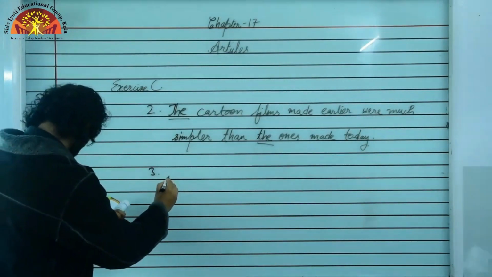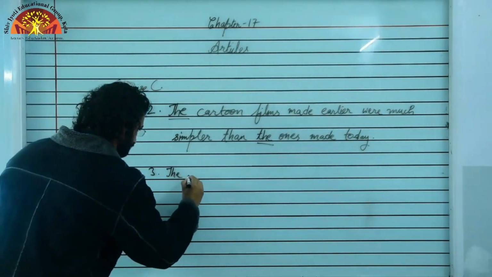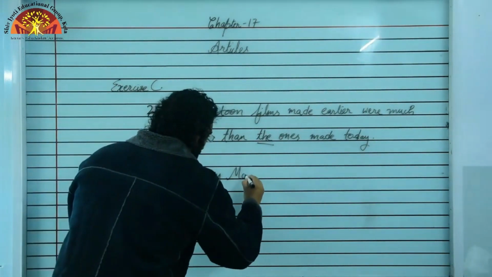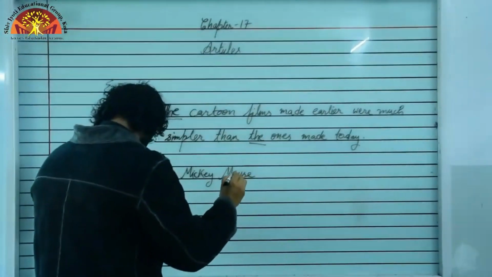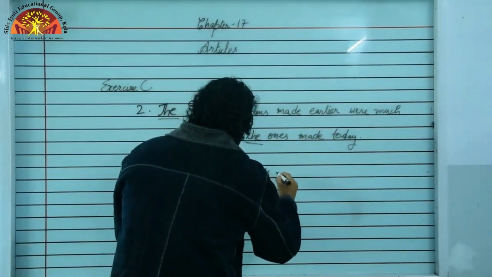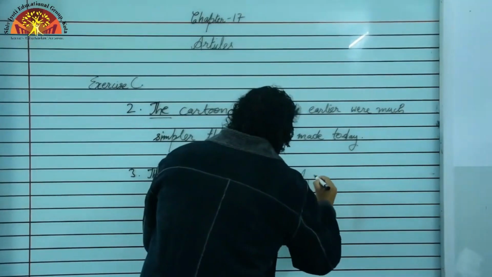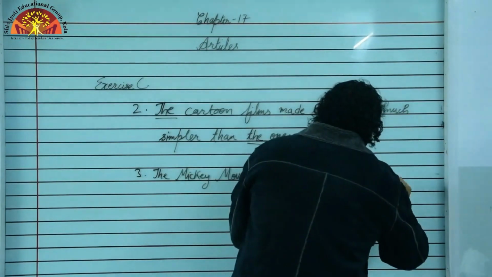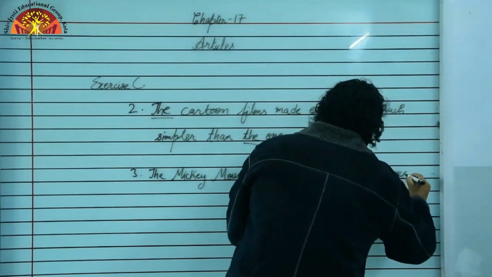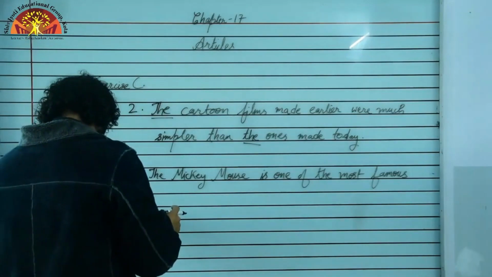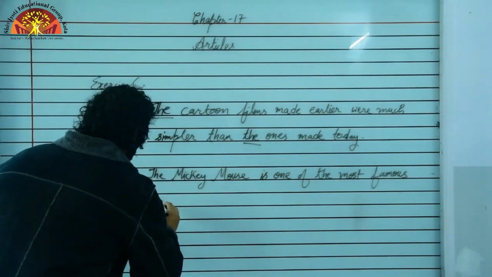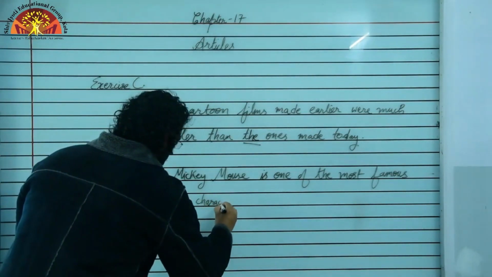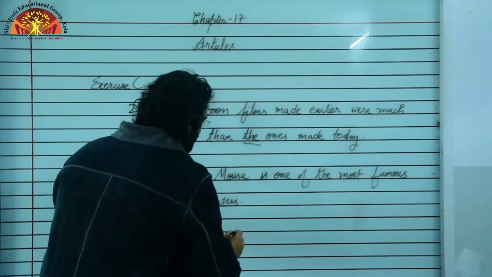See the third one in your book. The Mickey Mouse is one of the most famous cartoon characters. So do you see the anywhere?